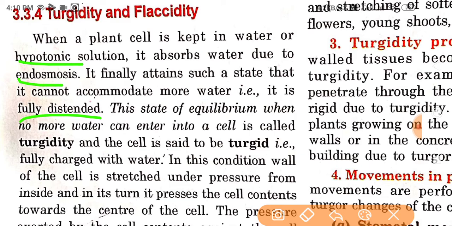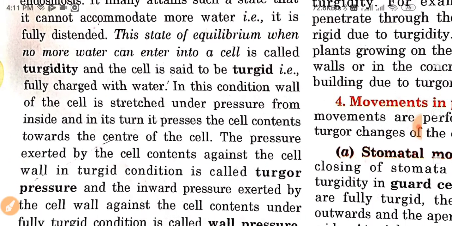Whenever the term distended comes, it means sufficient water is present in the plant cell, so no more water can be absorbed. This state of equilibrium, when no more water can enter the cell, is called turgidity. So the cell is said to be turgid.